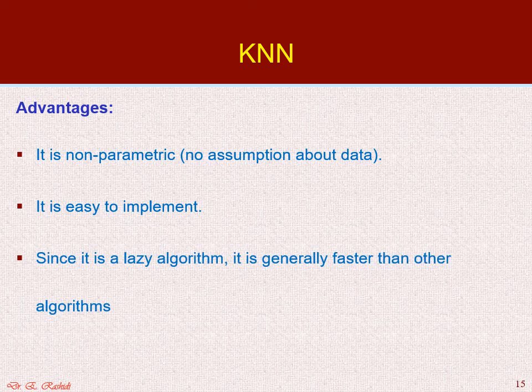As we talked about earlier, KNN is an example of a lazy learner or lazy algorithm. It means that it does not have any function to learn from the data. So generally, it has a rather fast learning process.